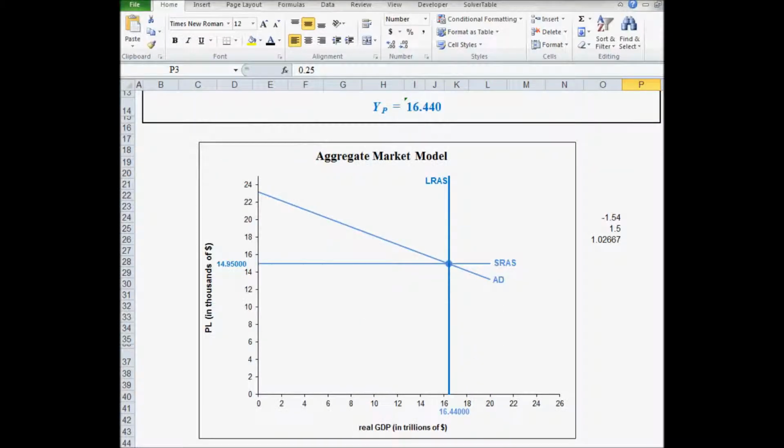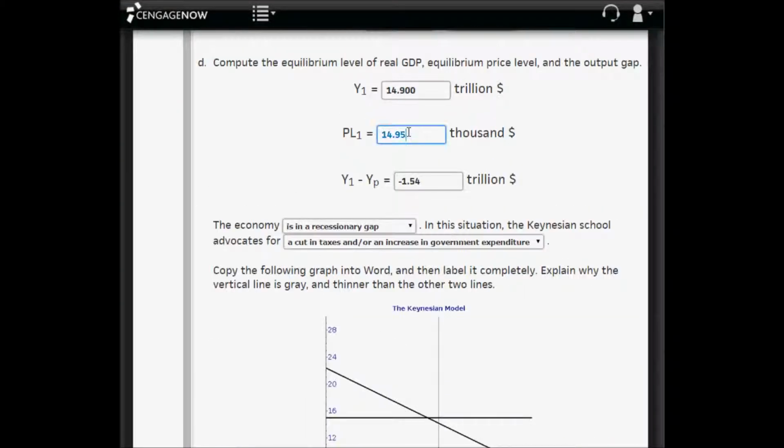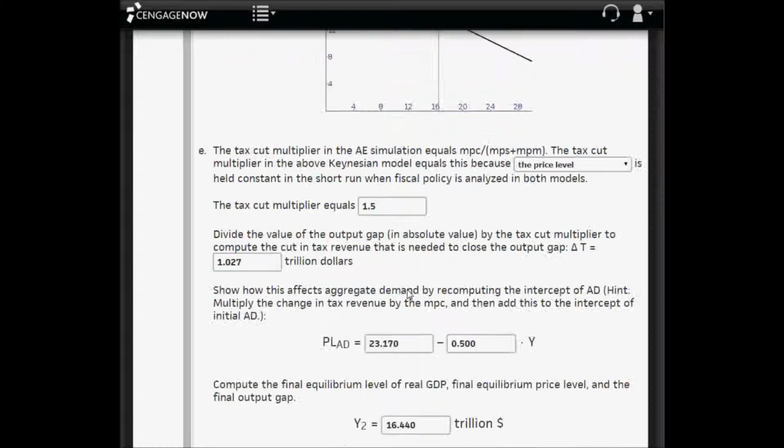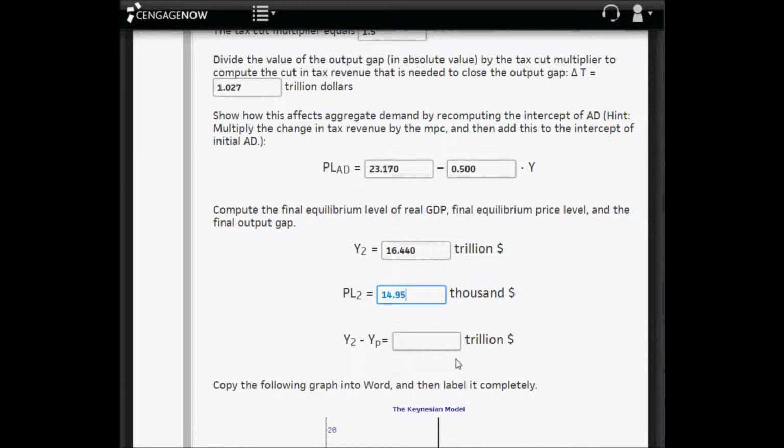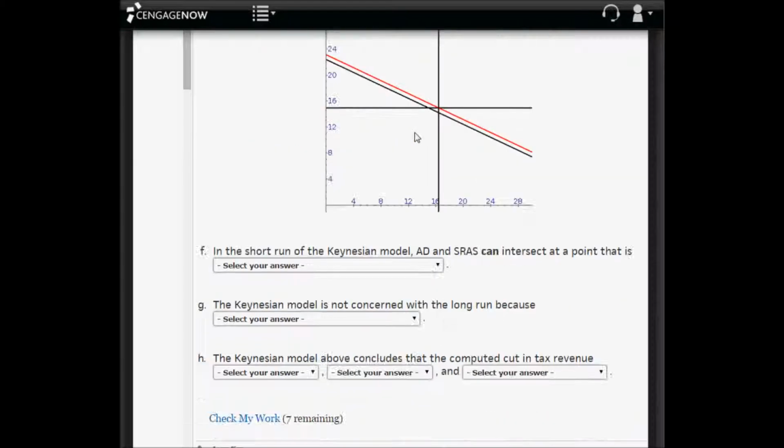The price level in equilibrium, again, is equal to the intercept of short-run aggregate supply, because short-run aggregate supply is perfectly inelastic. So the price level does not change. The output gap is 0 because real GDP now equals potential. So the output gap is 0.